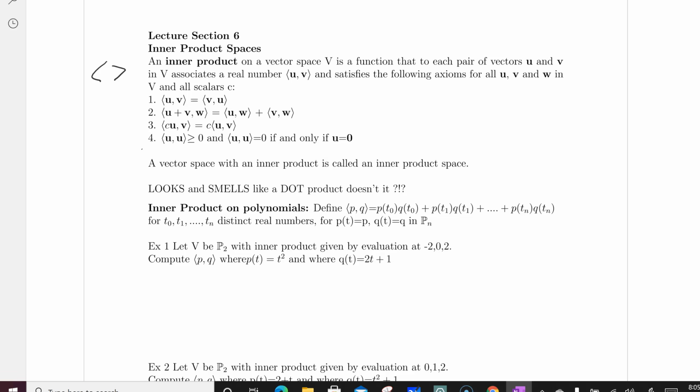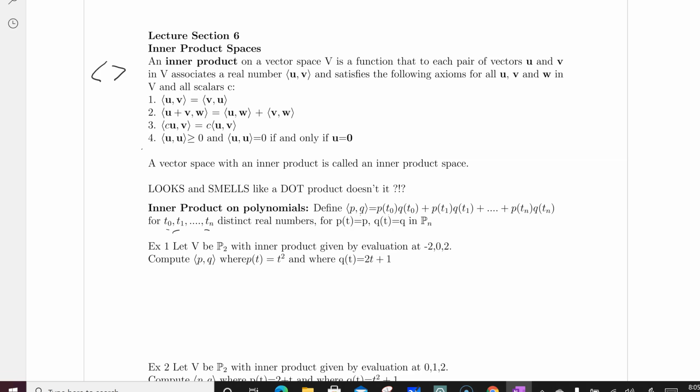Okay, so we're going to do this inner product on polynomials, not on vectors. If I'm taking the inner product between P and Q, they're going to give me a set of T values to do the inner product with. I'm going to take the polynomial P and evaluate it at the first T value and multiply it by the polynomial Q at that same T value.